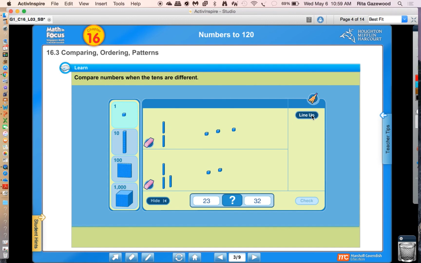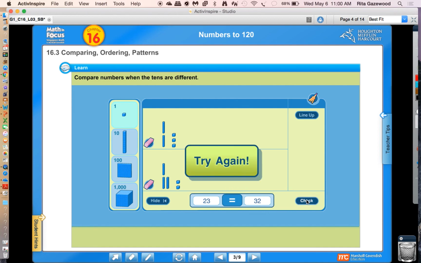So line them up. Is 23 greater than 32, equal to 32, or less than 32? Well, they have the same number, so they have to be equal. Let's check.